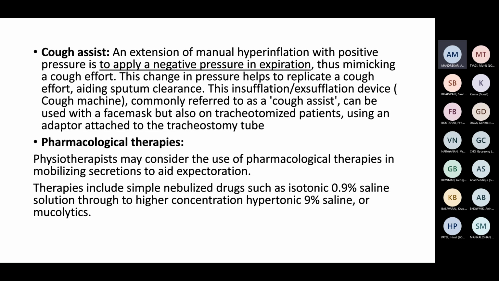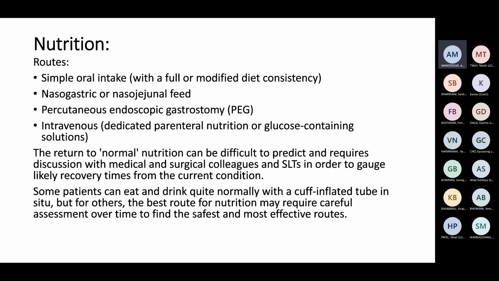So that will replicate the cough mechanism. It's usually done by connecting the tube to a machine called an insufflation exhalation device, which is a cough machine. In case the patient is a tracheostomy patient, you can attach the tracheostomy tube to the machine via an adapter. And of course, using pharmacological therapies like saline nebs or mucolytics could also help patients with clearing their chest.